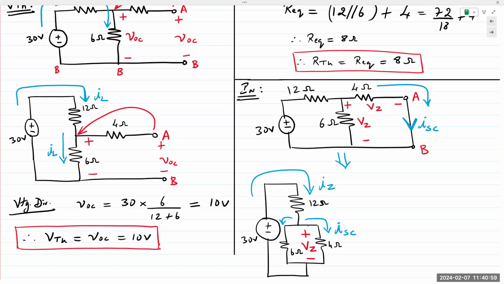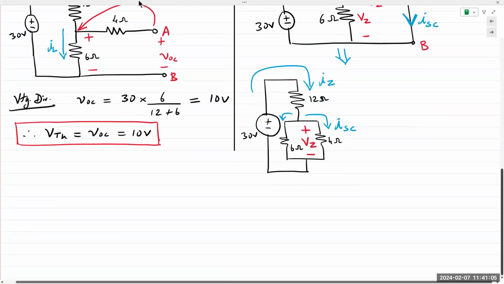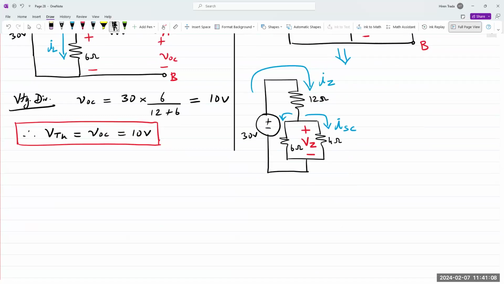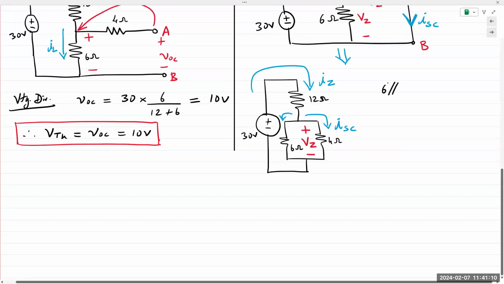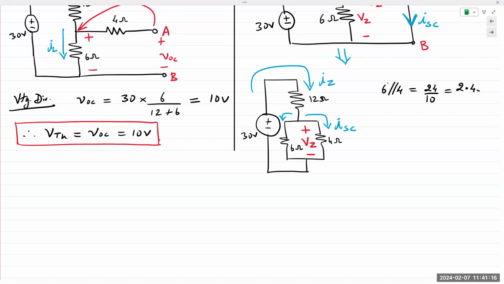So there are a couple of different ways I can analyze this. As a first step, I'm going to reduce the 6 and 4 ohm resistances. So this is 24 divided by 10, gives me 2.4 ohms. Right, 6 and 4 in parallel, reduce to one single resistance. That is 2.4, and 2.4 is in series with 12.